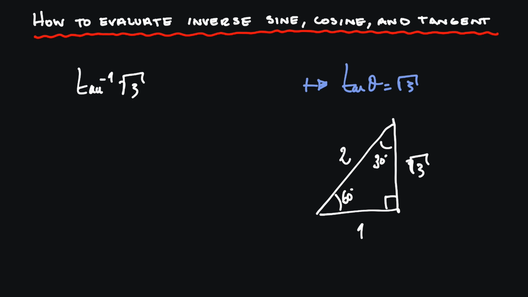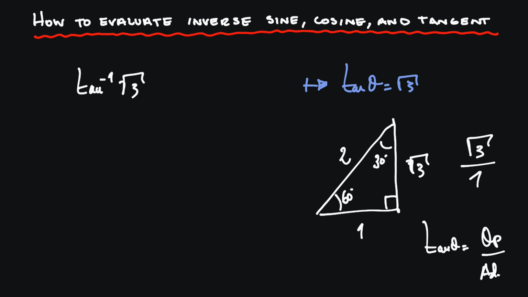So as you remember, tangent of theta is going to be opposite over adjacent, right? And the opposite that works for me must be square root of 3, because if the opposite is square root of 3, then the adjacent that I need must be 1, right?